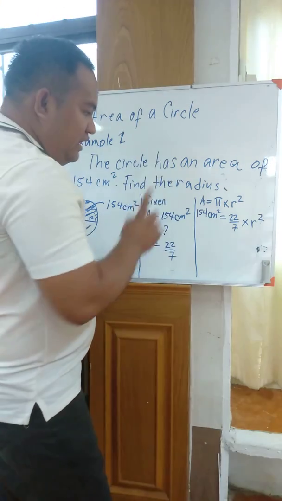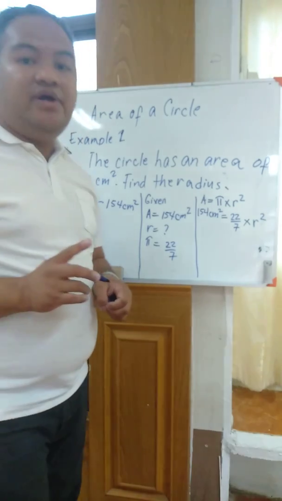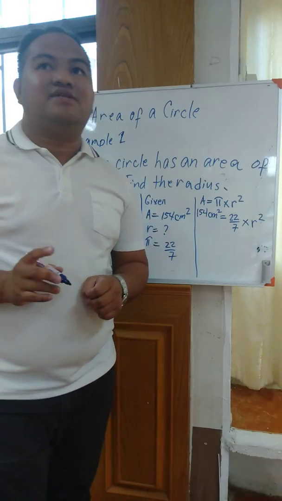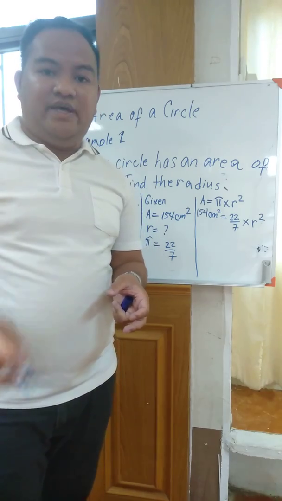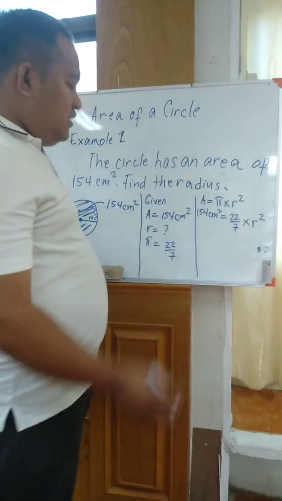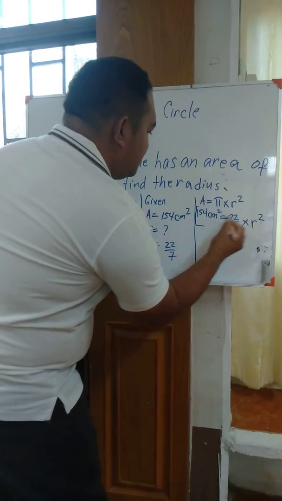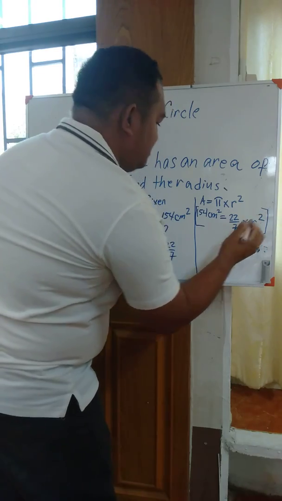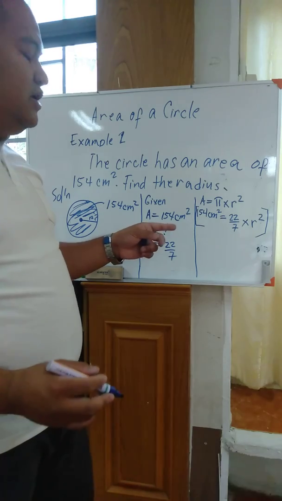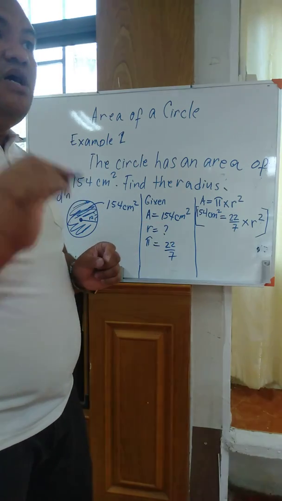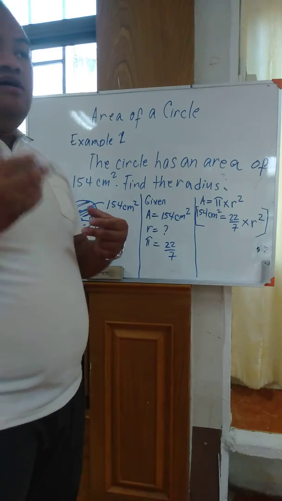And now we have already substituted all these givens into our formula, so we can now directly perform the indicated operation. You can use cross multiplication, or you can use the essence of the LCD, the least common denominator of the given fractions. You can use cancellation when you already get the LCD.